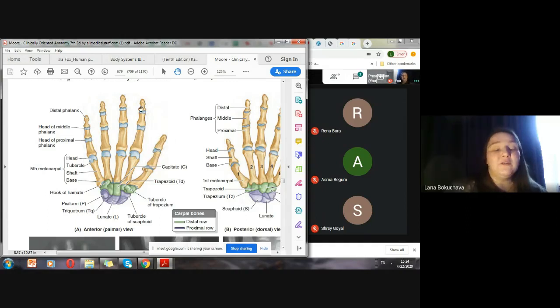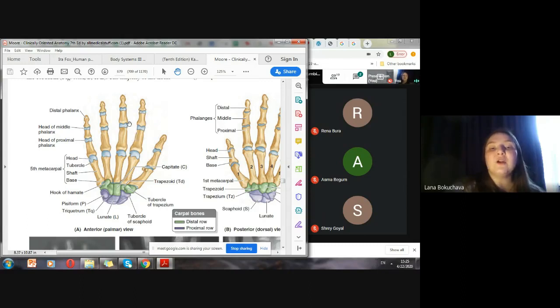In the case of all of the other digits, starting from the second towards the fifth one, so more medially localized ones, we have always three phalanges: starting from the proximal most region, then the medial one, and then the distal one. So proximal, medial, and distal phalanges are represented in the case of the 2nd to 5th digits.